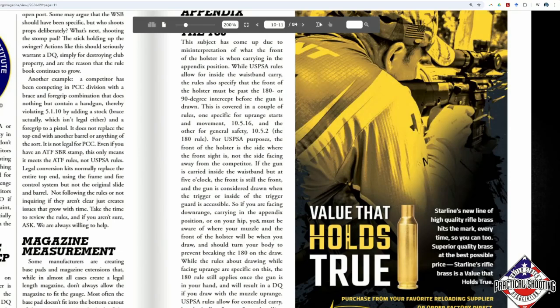You can argue it's the side that the OEM manufacturer intended for there to be a front sight. But there are some 2011 makers now that intentionally don't intend for front sights at all. They just build it for limited optics. So here's the predicament we get in.